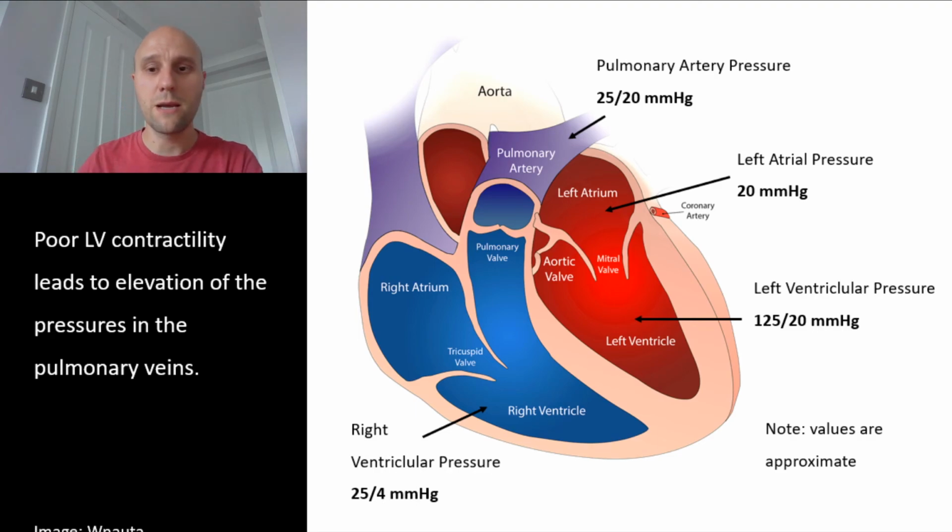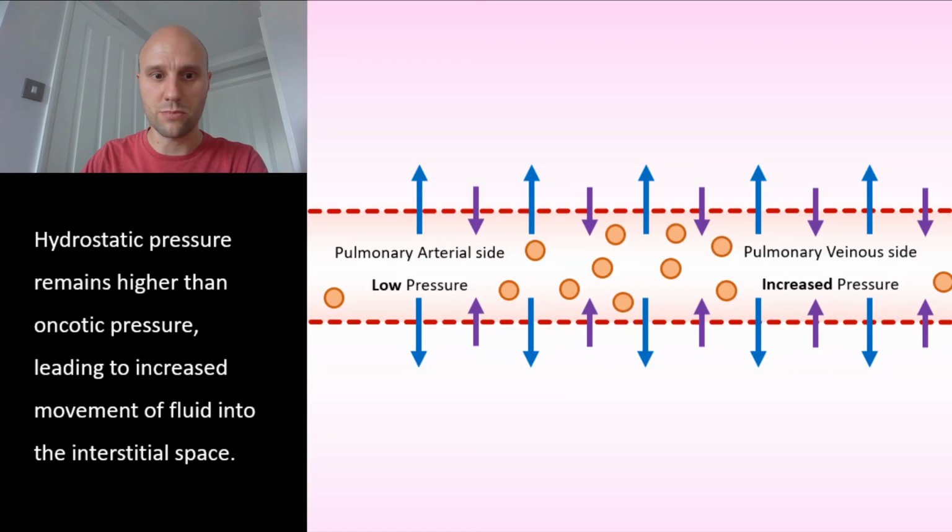So that whole capillary bed through the pulmonary circulation has an elevated hydrostatic pressure, and you can probably anticipate that in this situation there's going to be a net movement of fluid from within the blood vessels, within the capillaries of the pulmonary circulation, because the hydrostatic pressure never really diminishes along the length of that capillary bed, because there's obstruction from the failing LV at the venous end.